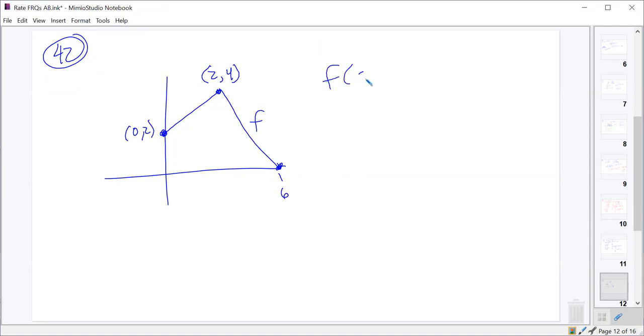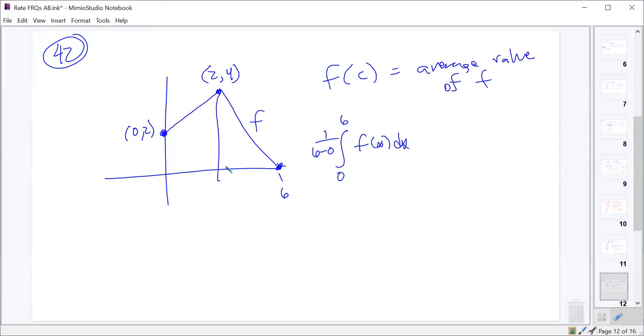So f of C equals the average value of f. And so the average value of f is 1 over 6 minus 0 times the integral from 0 to 6 of f of x. And this is just a trapezoid and a triangle to find the area there to find that integral.